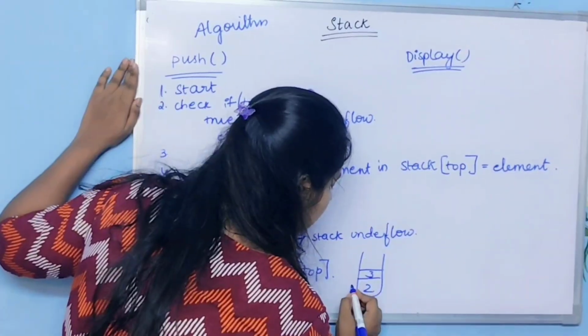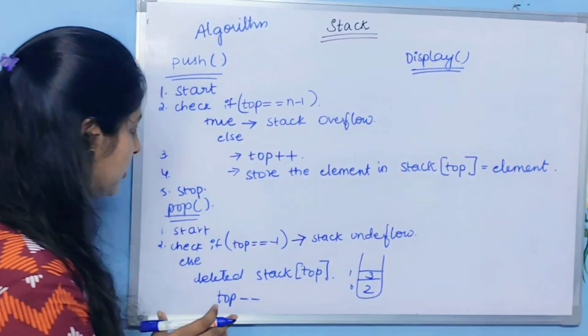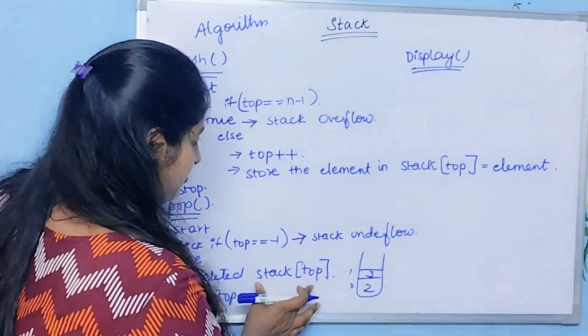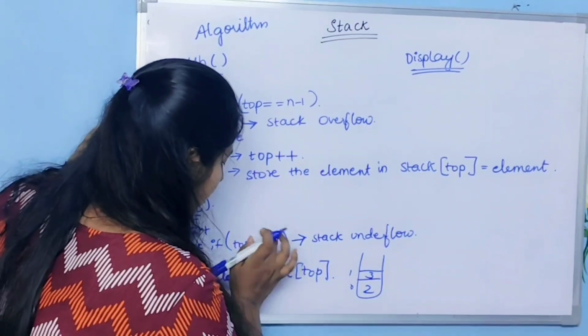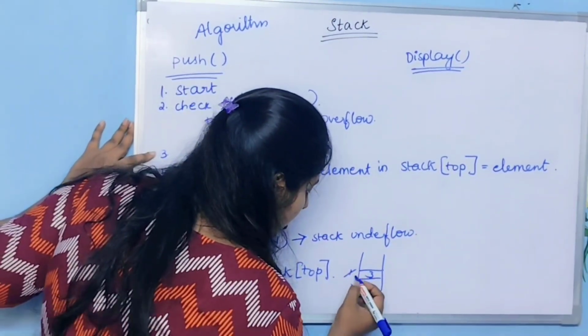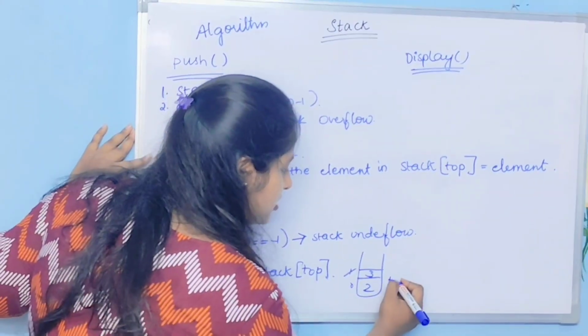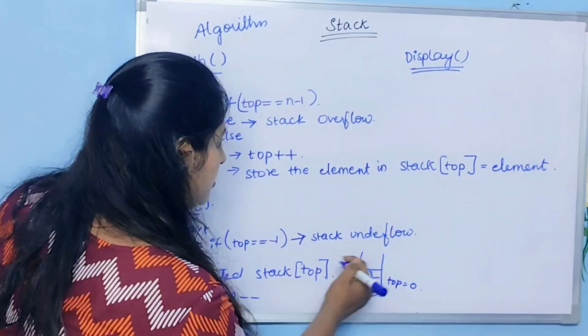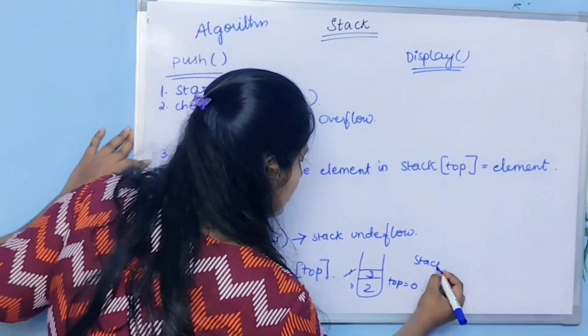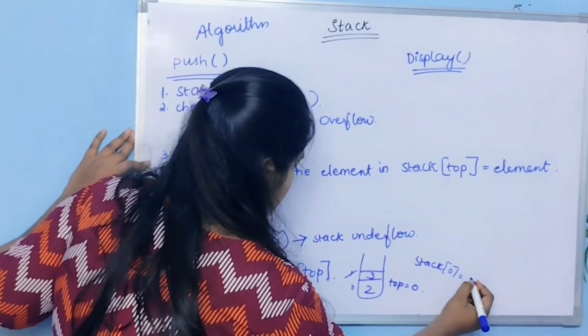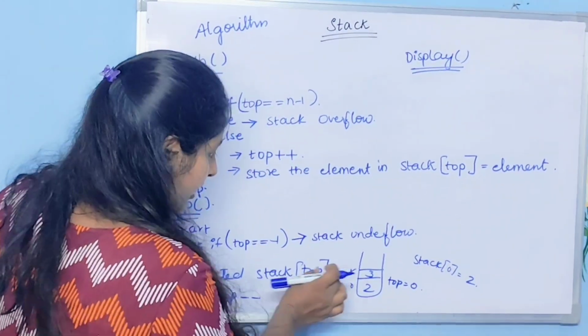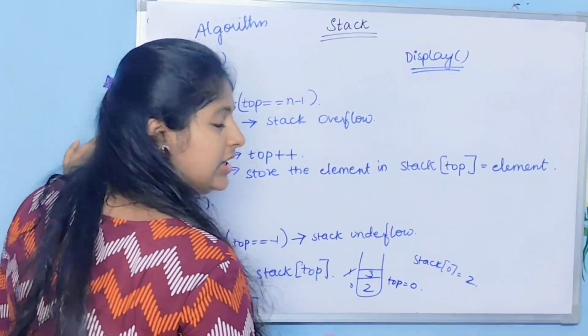There are elements like this, 0, 1. Okay. Now I try to delete elements. Say for example, I've written top minus minus. Now without deleting the value, I'm writing top equals 0. Now the element deleted is, this should not happen, right? My third element 3 only should be deleted.